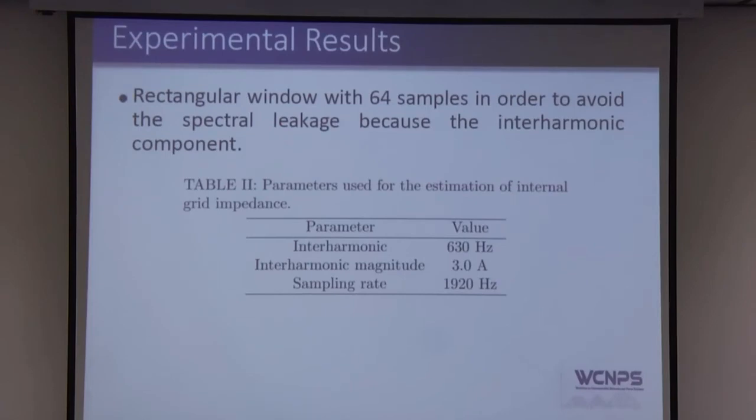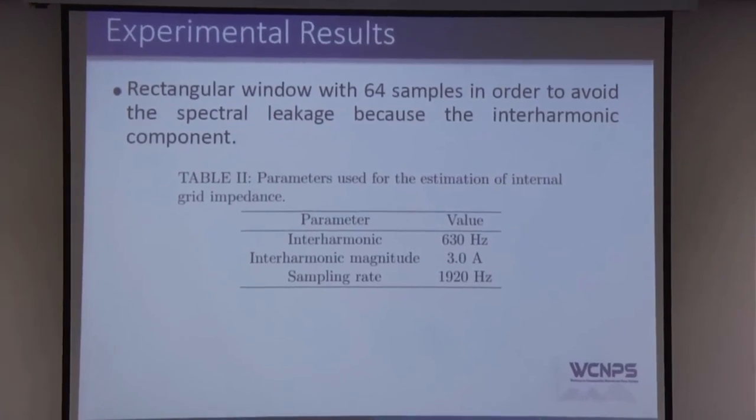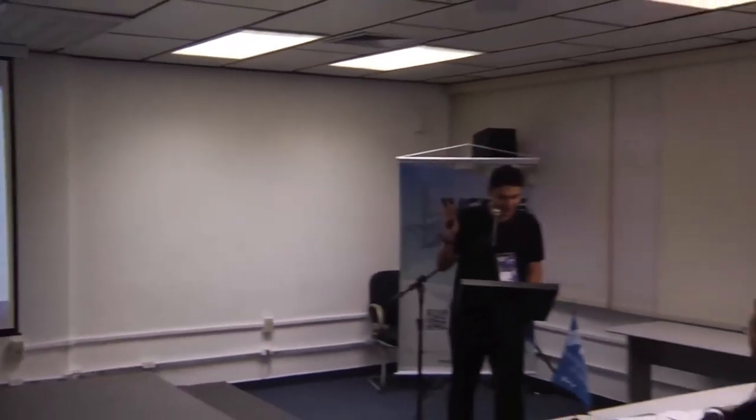The injected signal frequency is bigger than 10 times the fundamental frequency, it's also not a harmonic of the fundamental, and a 3 amp current was used to do this.